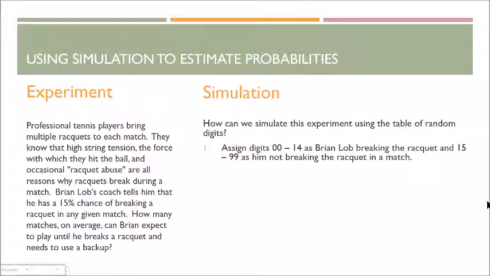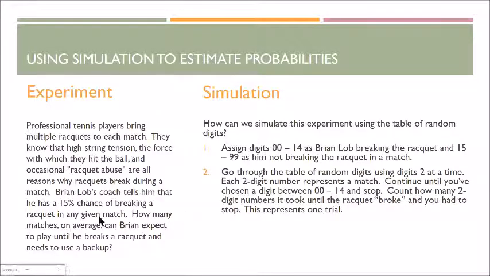Okay? So that's within each match, but then I want to know how many matches he plays until the racket breaks. So I go through the table of random digits using 2 digits at a time. Each 2-digit number represents one match. And then I'm going to continue until I've chosen a number between 0 and 14, and I'm going to stop.